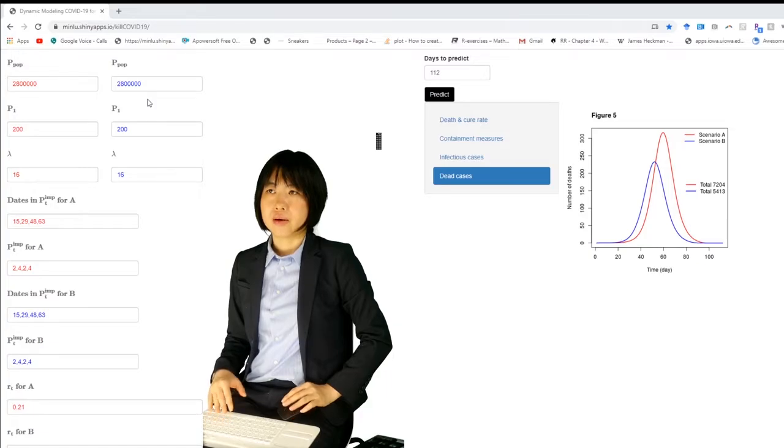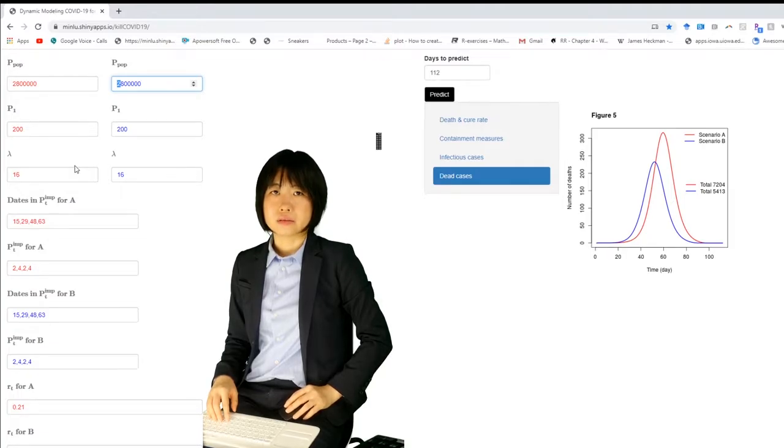However, if we are in the middle of a very serious outbreak where 1 million population are already infected, you can change this number from 2.8 million to 1.8 million. The second parameter is P1, which is initial infectious cases.